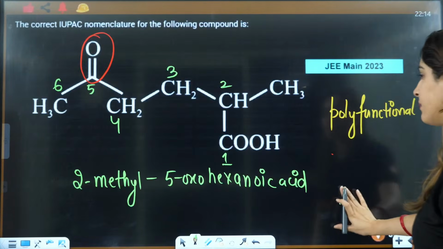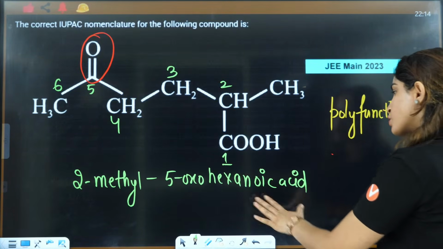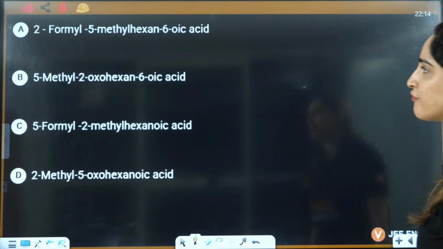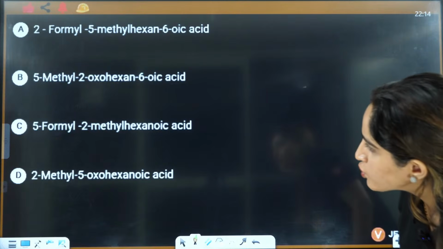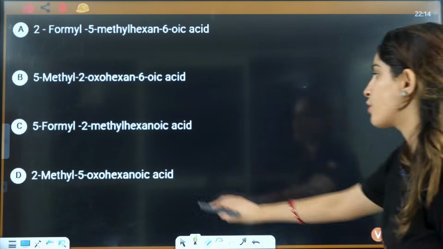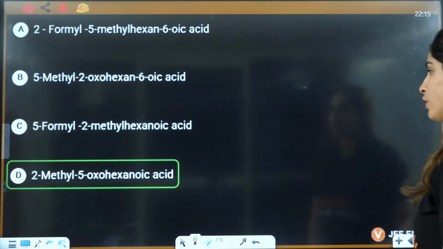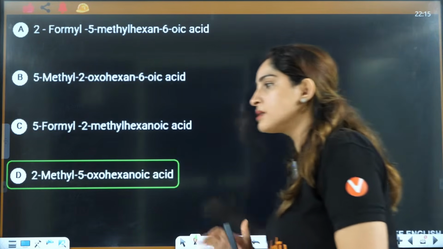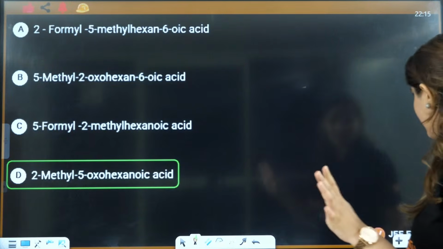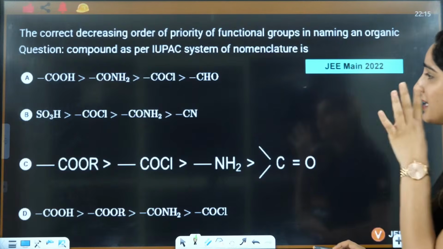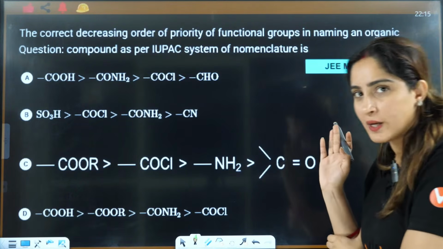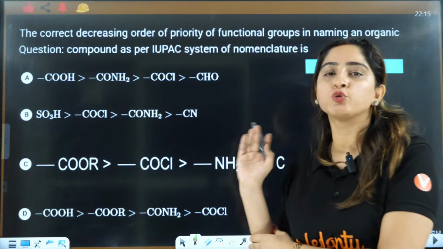So that will be 2-methyl-5-oxo hexanoic acid, right? You can see D over here and that is your correct answer. Simple question that they have asked in JEE 2023, and it is not like I am taking some question from 2001 or something.